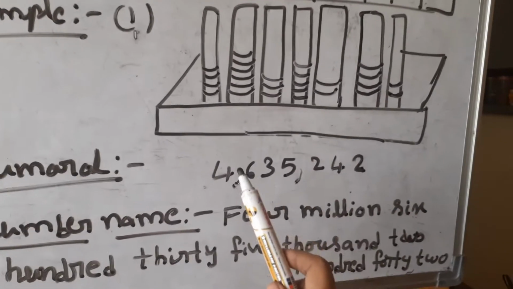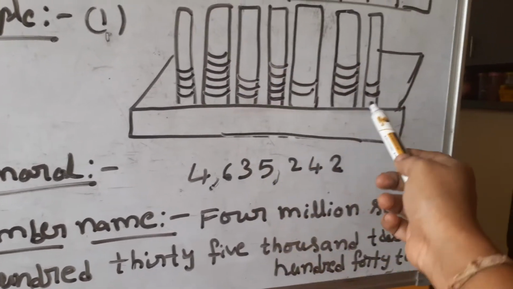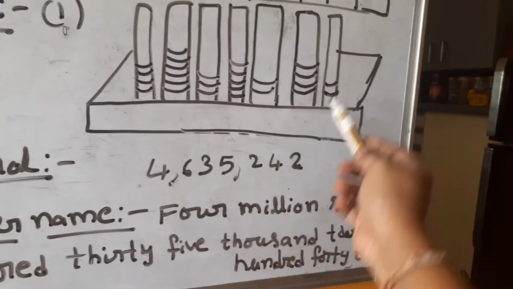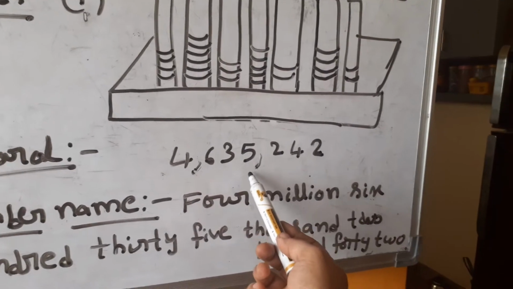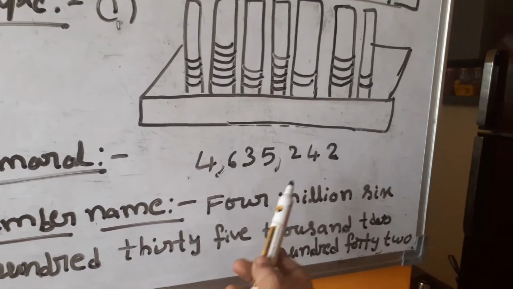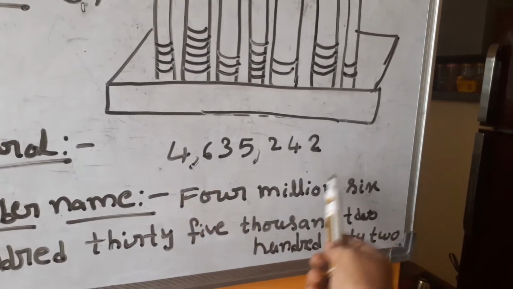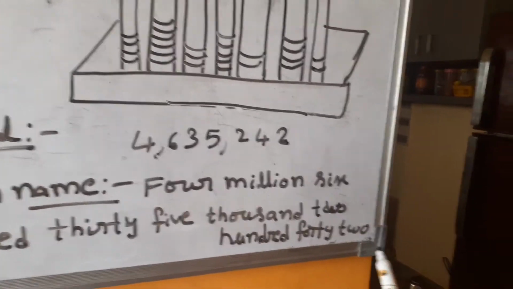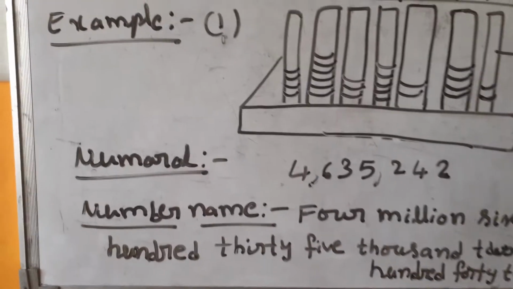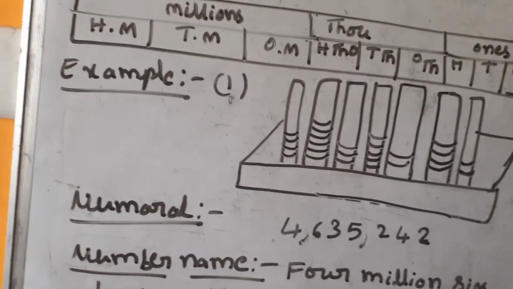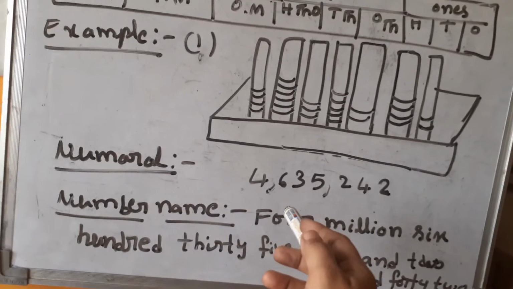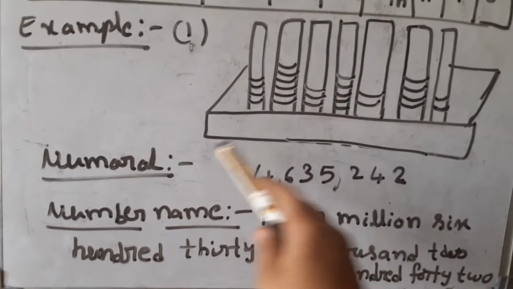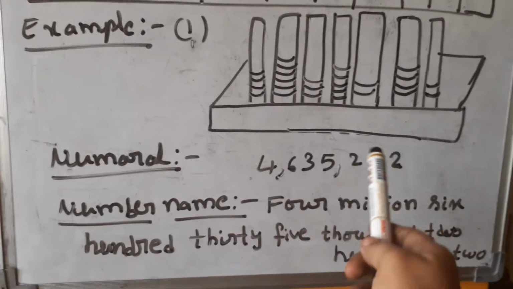First we make the diagram and write the numeral. The number name is 4,635,242. Same as this example, do exercise 3, first one, as homework.